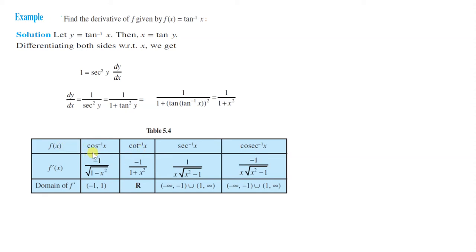We have the derivative of cos inverse x is minus 1 upon root 1 minus x square, and the domain here, that is x, should belong to the open interval minus 1 to 1.